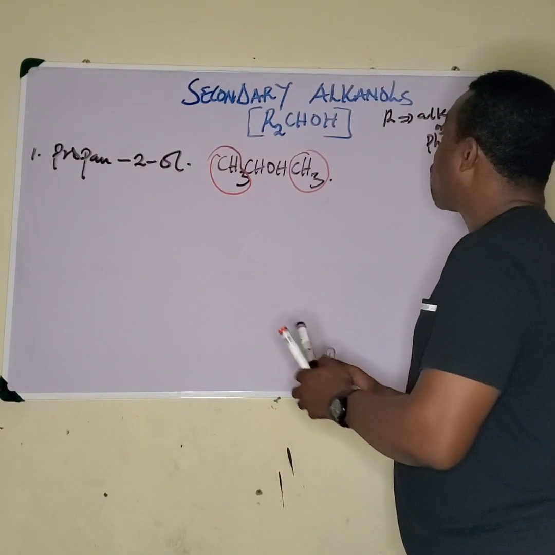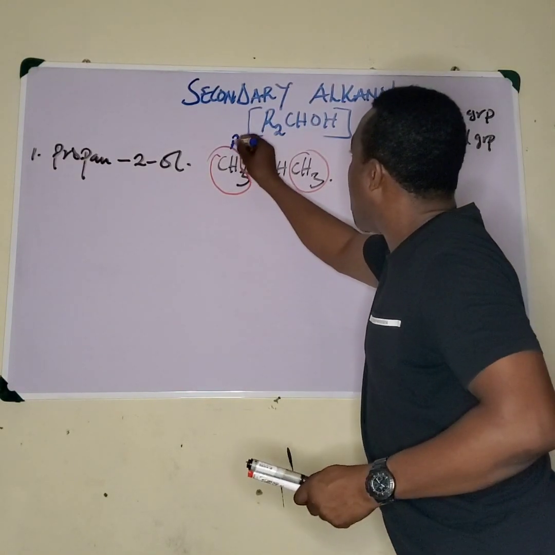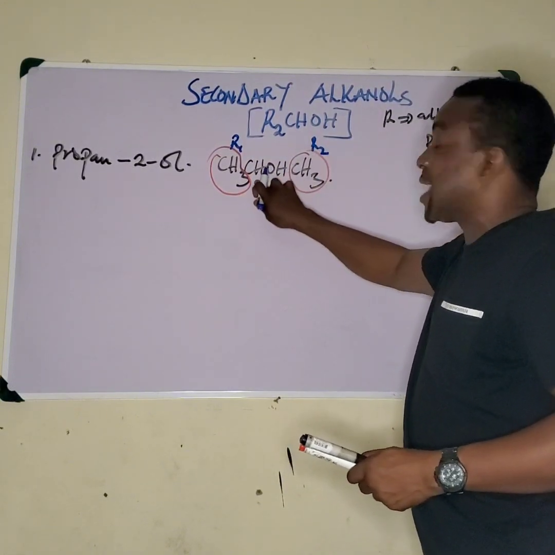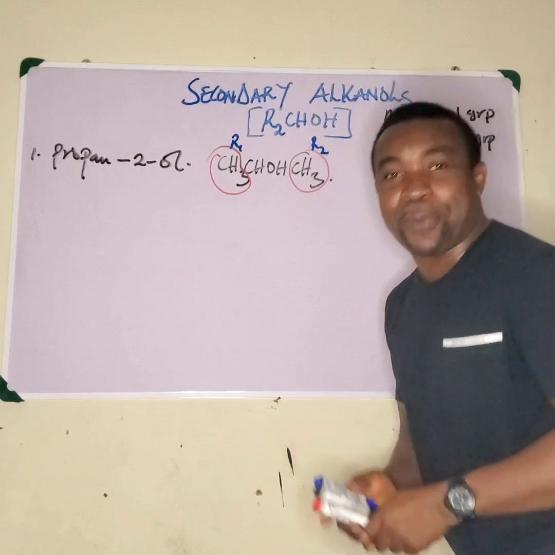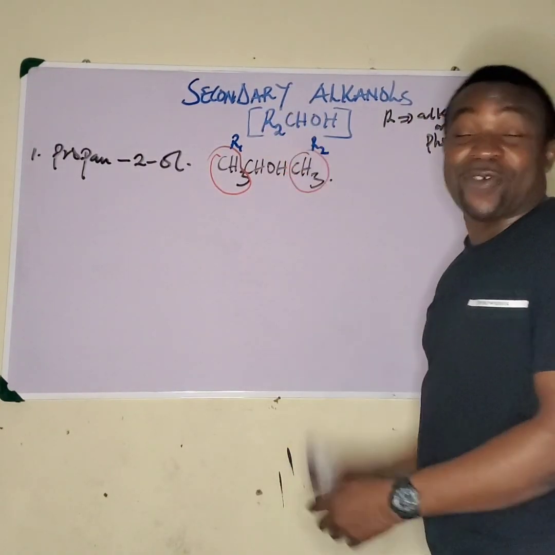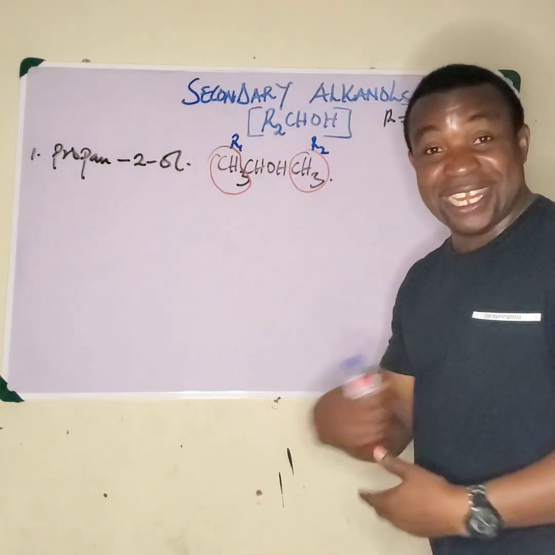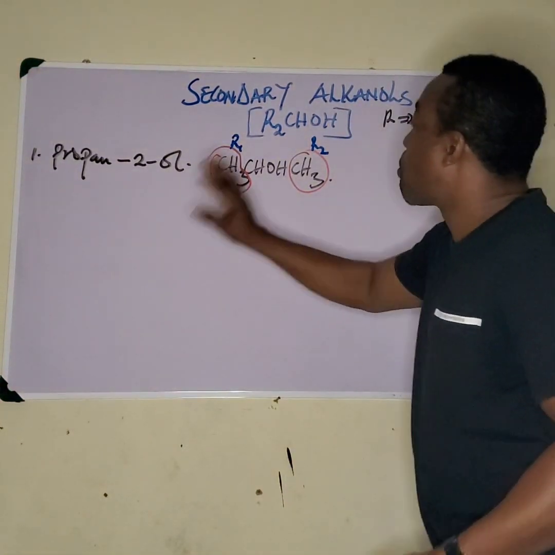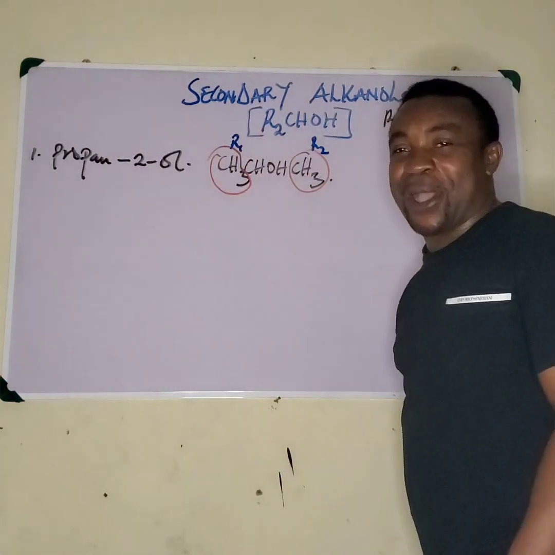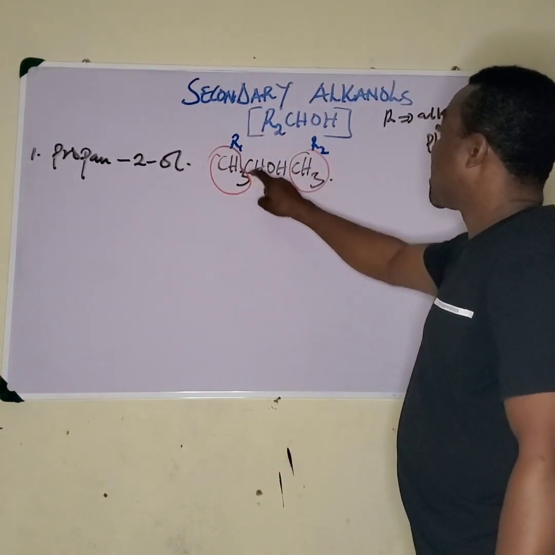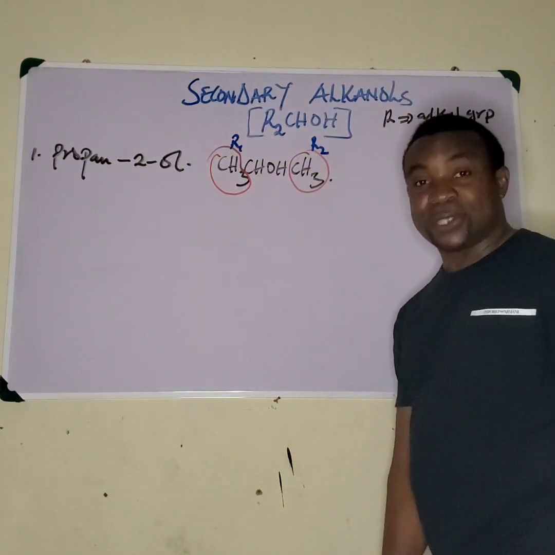Here we have two alkyl groups, R1 and R2, and we see that the OH is attached to CH. I hope you will agree with me. It's just a simple identification. If you know this formula, you'll be able to identify them on a platter of gold. So this is propan-2-ol because it has two alkyl groups and the OH is attached to a CH atom.